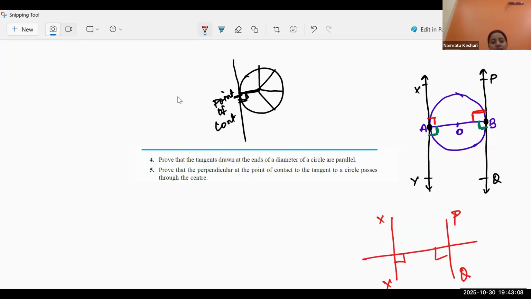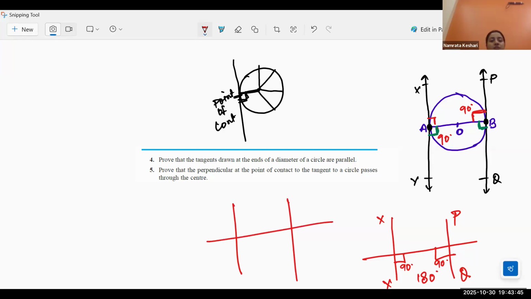If this angle and this angle added together are 180 degrees, then XY and PQ must be parallel, because these two are a pair of co-interior angles, or interior angles on the same side of the transversal. Or you say that one of the green angles is 90 and the other is 90, which is a pair of alternate interior angles. You have two random lines, we don't know parallel or not, and there is a transversal like this.